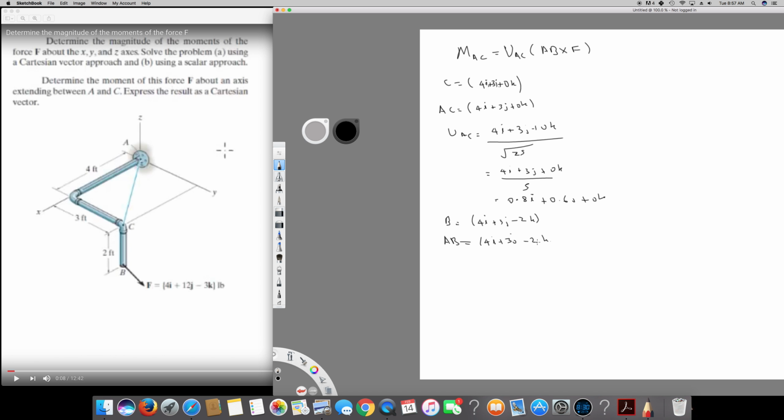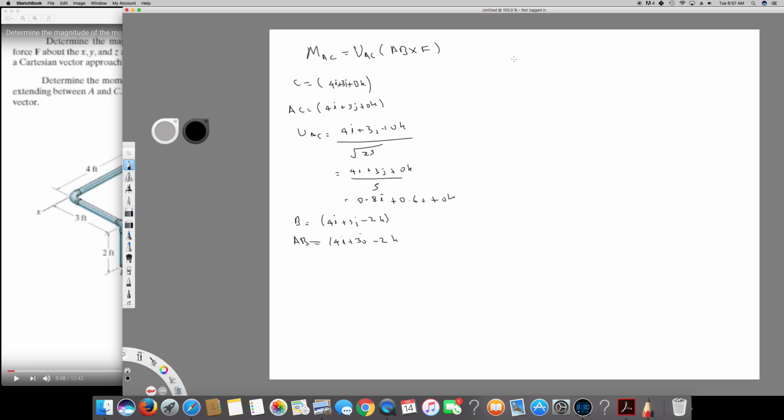Now since we got all the values, let's cross it. I'm going to list them one by one. First one is UAC: 0.8, 0.6 and 0.